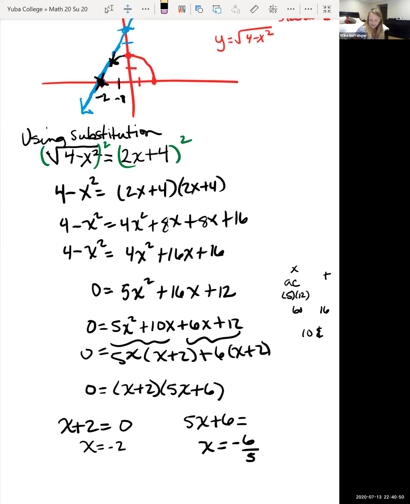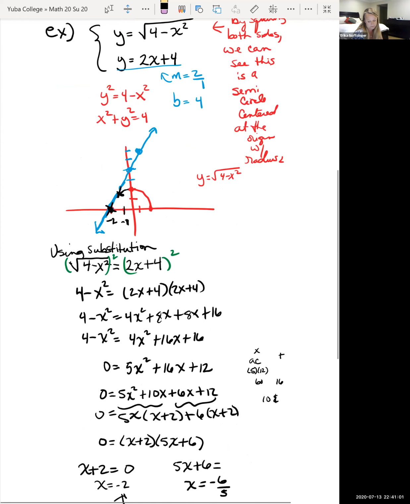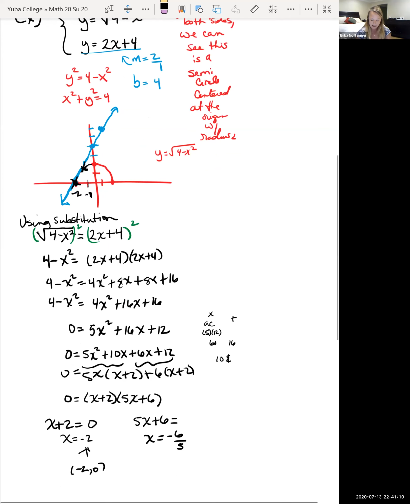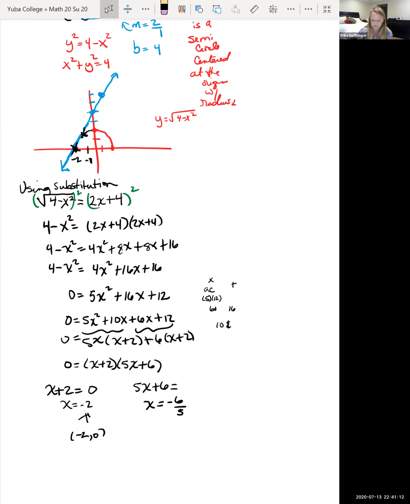We know the y value of this point. This was at negative 2, 0. And if we didn't know that, we could go back in and plug in negative 2 into one of these equations. Either one would give us back 0 for y. We need to find the y value, though, when x is negative 6/5.